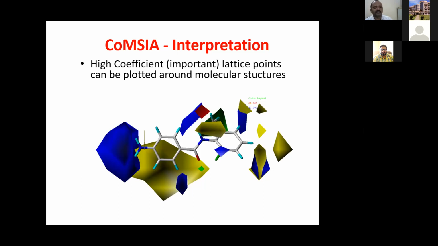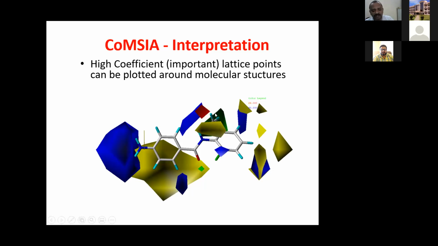Next, finally, what we get is a contour map. In this contour map, we can see that the yellow contour is the region where steric extension will not favor it. Where there is a green contour, the steric extension will favor it.